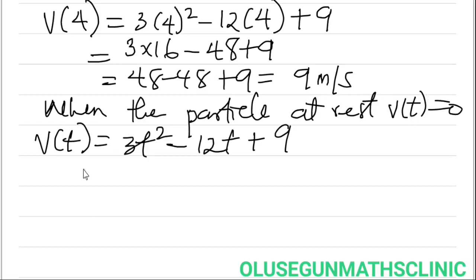If the velocity is 0, then 0 equals 3t squared minus 12t plus 9.